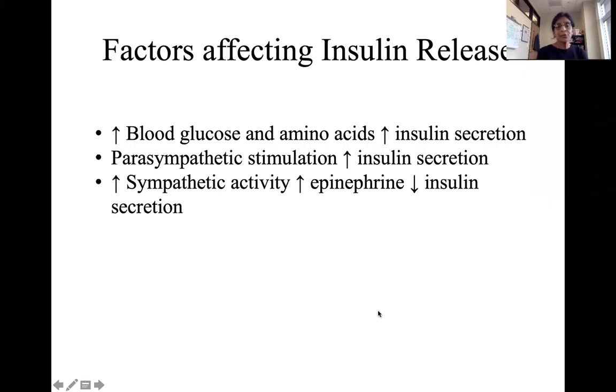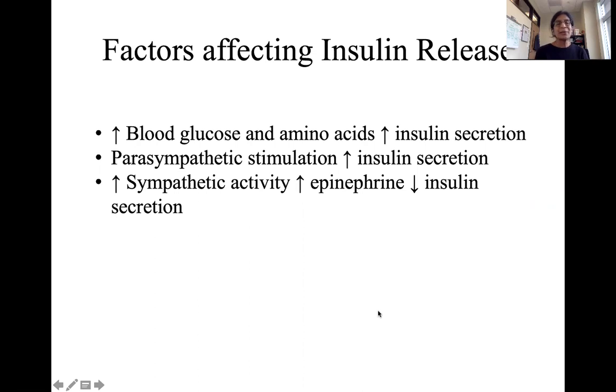In this lecture, let's continue the discussion of insulin. Here we focus on what triggers its release, and then we gradually move on to talk about glucagon and how that is released and compare the two.